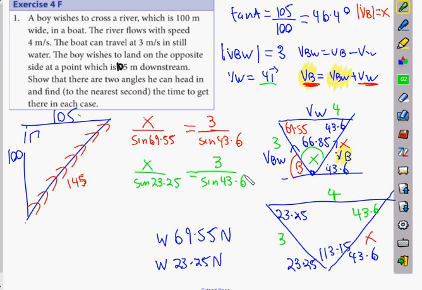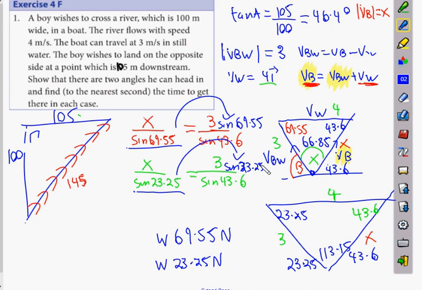Can one person cross multiply the 69.55 into this position here and multiply out what it is? Can another person get the sine 23.25, move it up to this position here and multiply out what it is? So basically that's going to turn into sine 69.55, and this one here is sine 23.25. Okay? Let me know what you get.